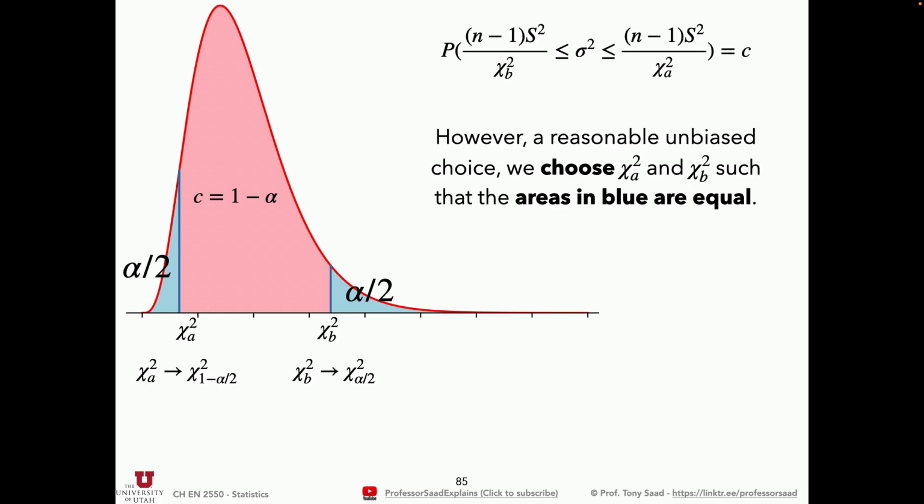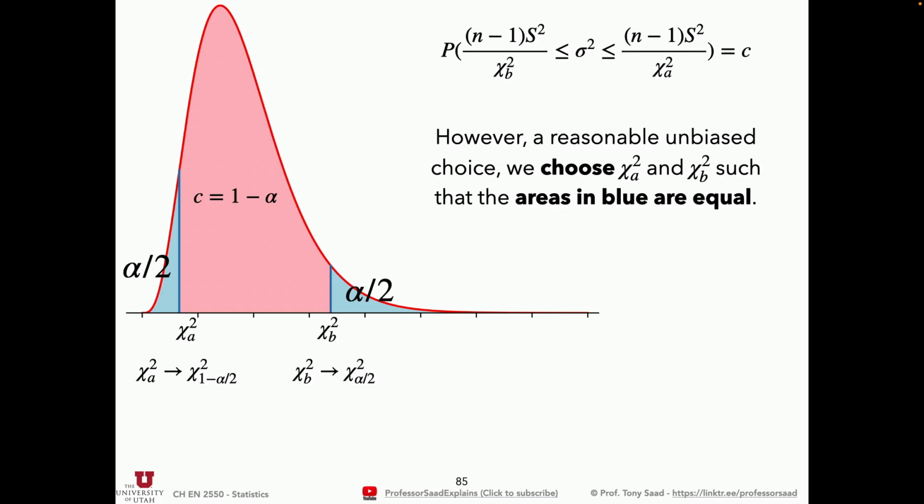But as long as you remember that the area to the left of this value is alpha over 2, and the area to the right of this value is alpha over 2, whatever you call it, as long as you keep track of that, you're okay. I like to call them chi-squared low, chi-squared high. It's unambiguous. One of them is the smaller value, area to the left is alpha over 2. One of them is the larger value, area to the right is alpha over 2.